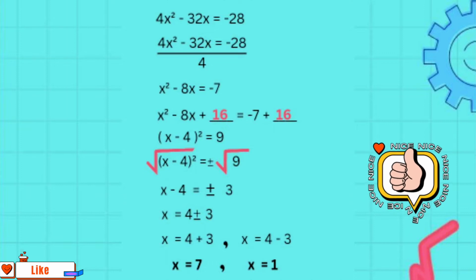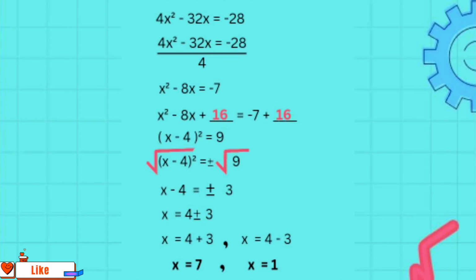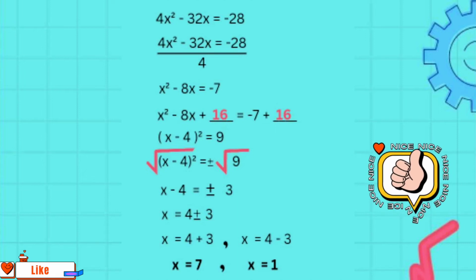Find a number to be added to make x squared minus 8x a perfect square trinomial. Use the formula (b over 2) squared. Since b is negative 8, (negative 8 over 2) squared is equal to 16.